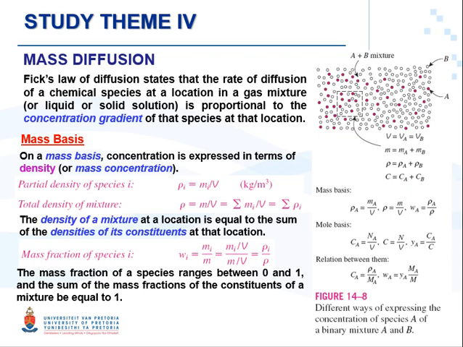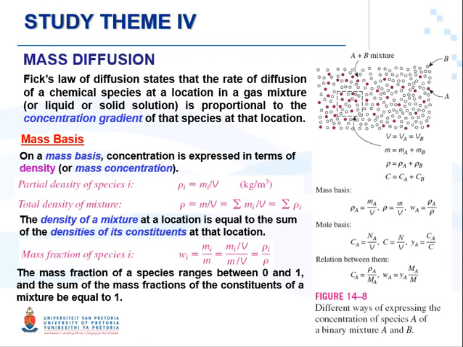There is another concept that we can define here, which is the mass fraction. Mass fraction is a dimensionless number because, as you can see from the correlation, it is the mass of a species divided by the total mass.